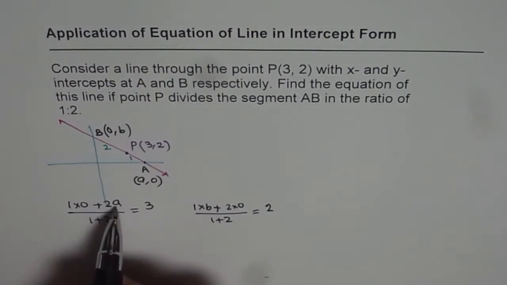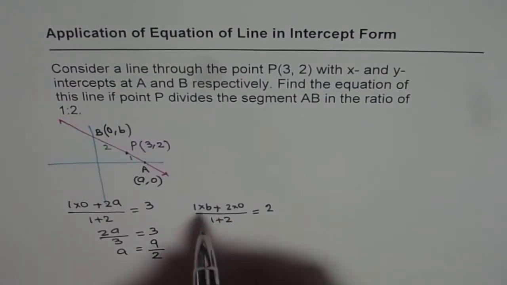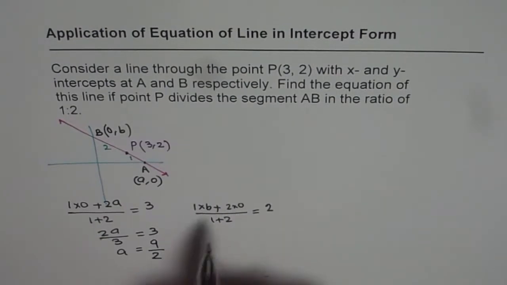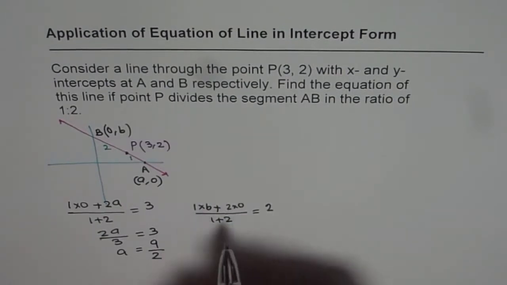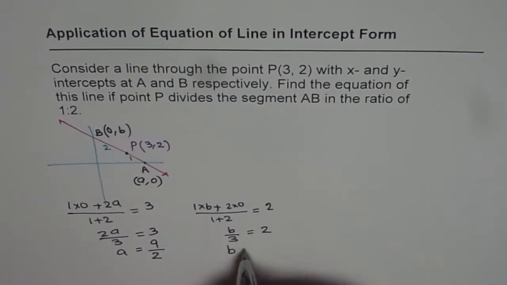Solving, we can get the value of a. So 2a over 3 equals 3, or a equals 9 over 2. Now from here we can solve for b. 1 times b plus 2 times 0 is b, so we get b over 3 equals 2, or b equals 2 times 3, which is 6.